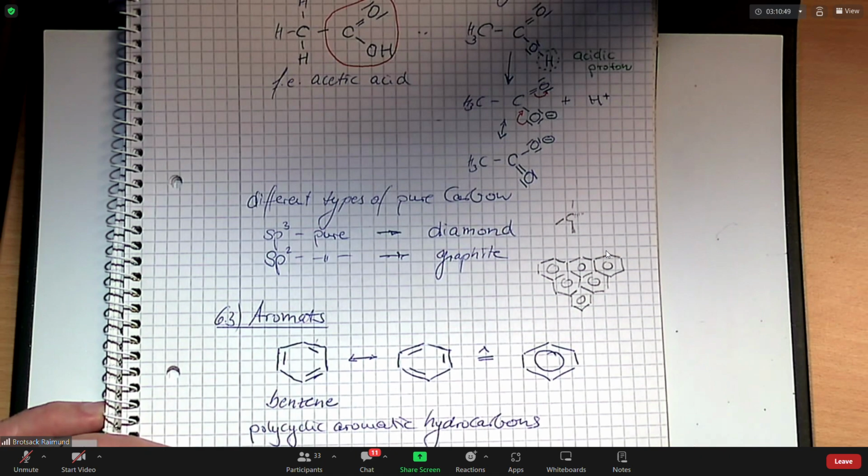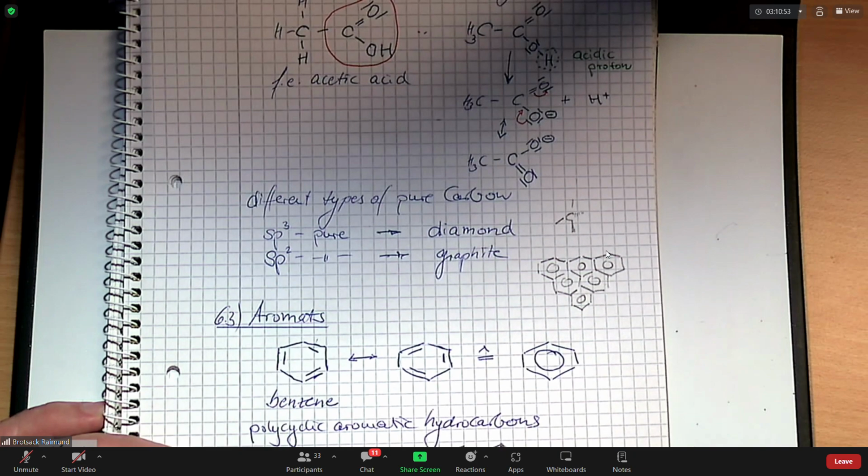Or anthracene, we call it when we have 3 of them. And this one can be even angular, having 3 of them, but now in an angle.